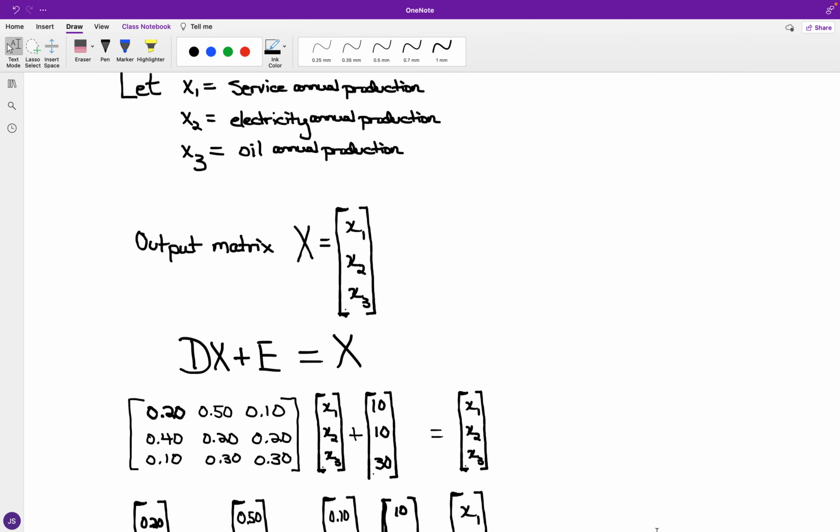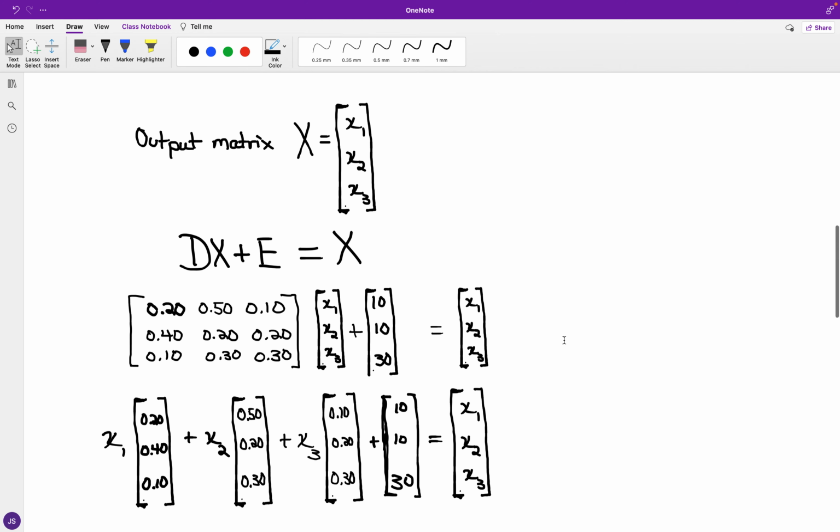Looking at the matrix equation, putting in the matrices in place of the variables, we have for D the 3x3 arrangement, times the output matrix consisting of x of 1, x of 2, and x of 3, plus the external demand matrix, with figures in the millions of dollars of 10, 10, and 30, equal to the output matrix itself.